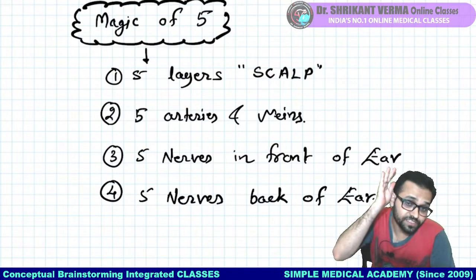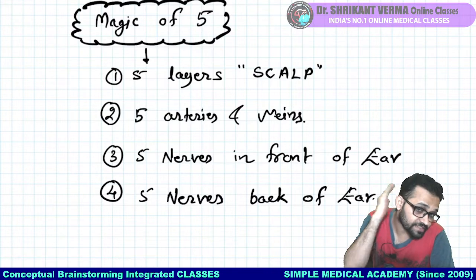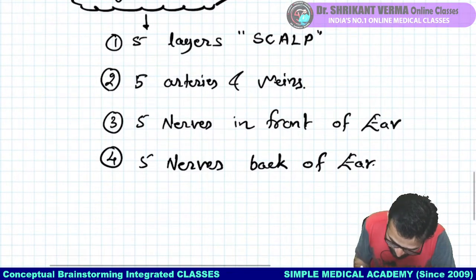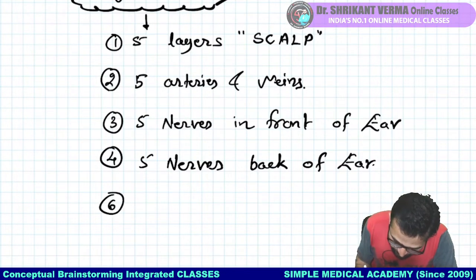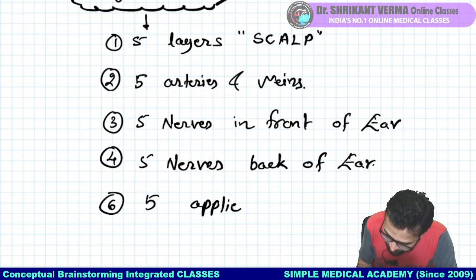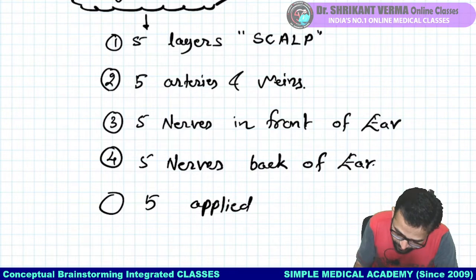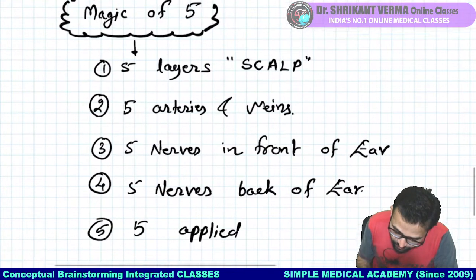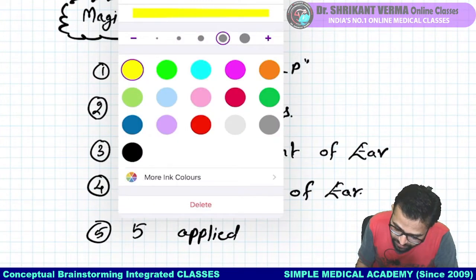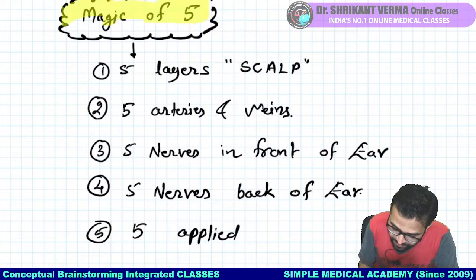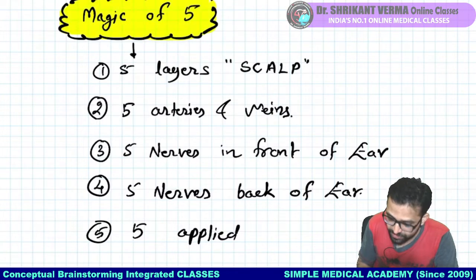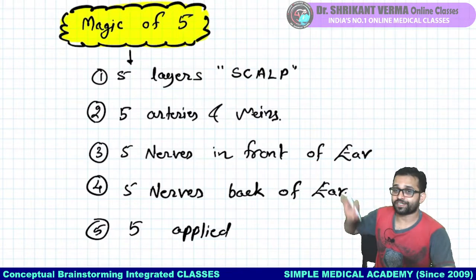So 5 nerves we will study in front and 5 nerves behind the ear, and after all this we will learn about the 5 applied points. Okay, so in this way you can remember this as the magic of 5. This is the short trick.